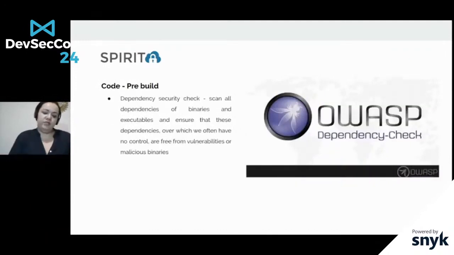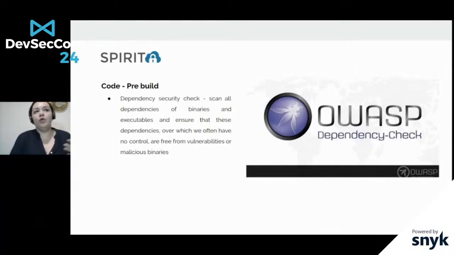In the pre-build stage, you can also scan the dependencies. It's a matter of inventorying dependencies, binaries, and executables, and ensuring that these dependencies, over which you have no control, are okay.